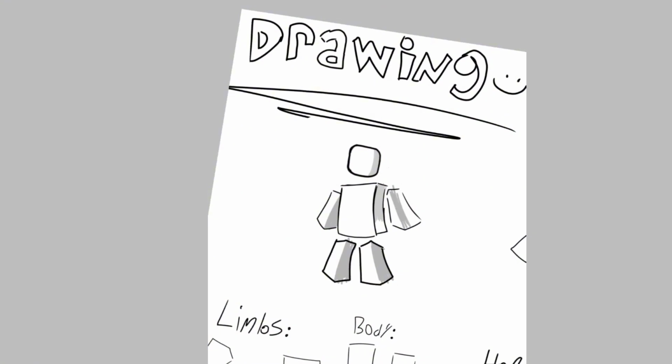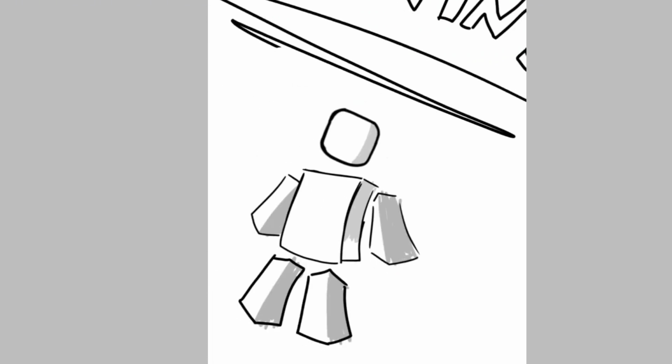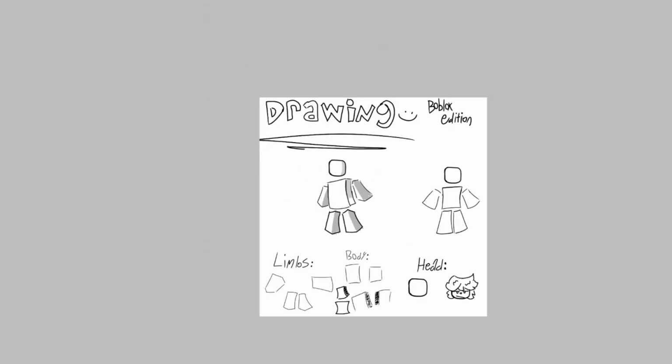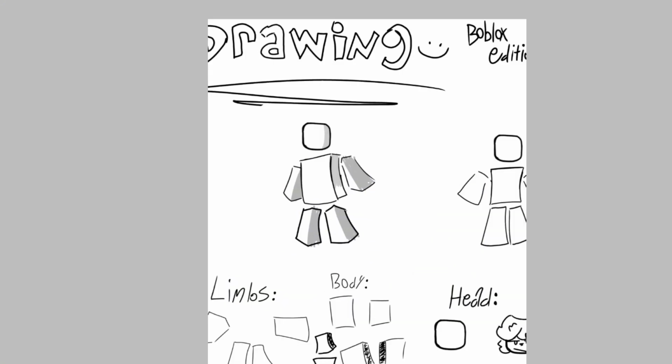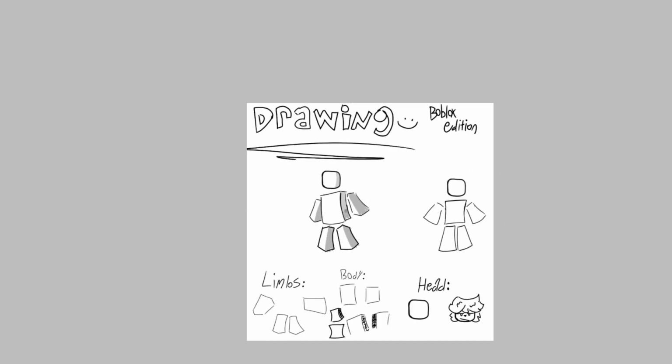I'm gonna add some shade right about here. Let me fix that shading. Yeah, pretty much that is how my 2Ds usually look. And there's supposed to be shading here too. That's how my 2D drawings usually look.